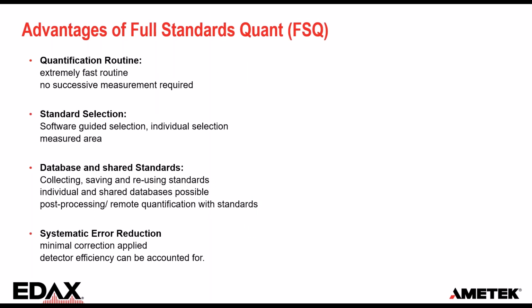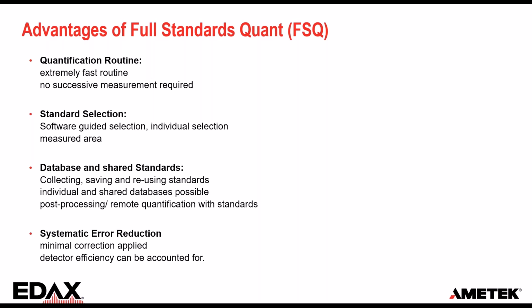So to summarize the benefits of the approach using full standards quant, we have a fast routine, and if we stick with the same setups, we can load the reference and the standard, making the standard quantification a one measurement strategy only.